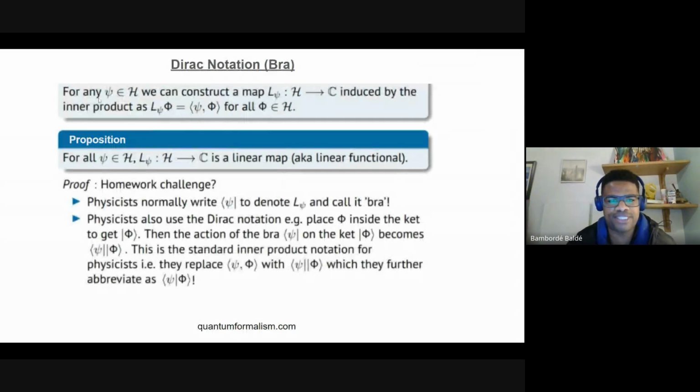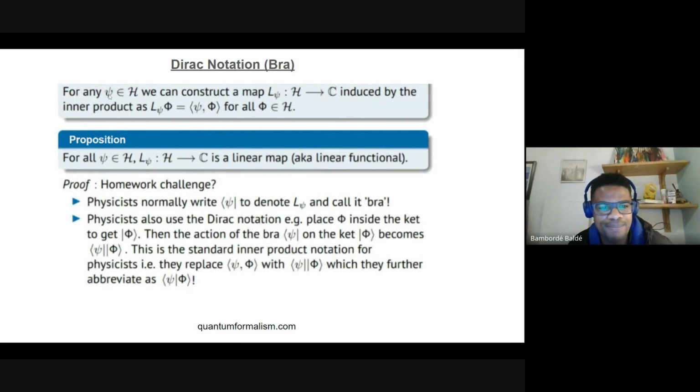So, as Maria was saying, on our construction, on our definition of the duals, for each vector in H we can define a functional from H to the scalars by making this construction. Is this correct, Maria? We can do this, right? Yes, this is a linear functional. So this linear functional is what physicists call the bra.